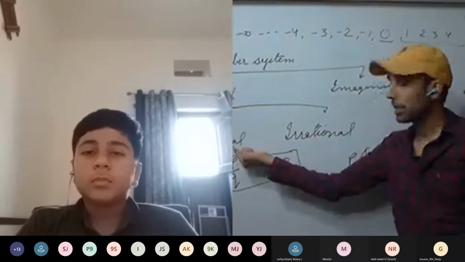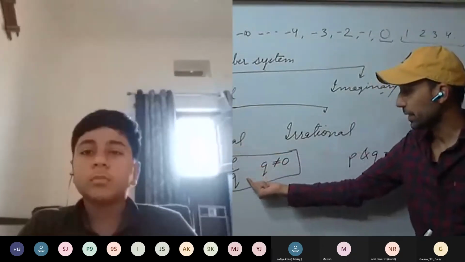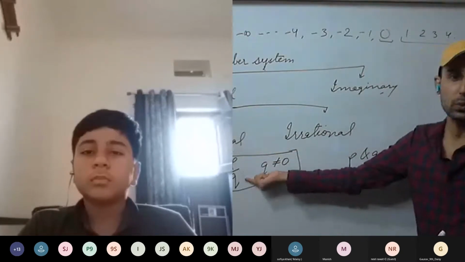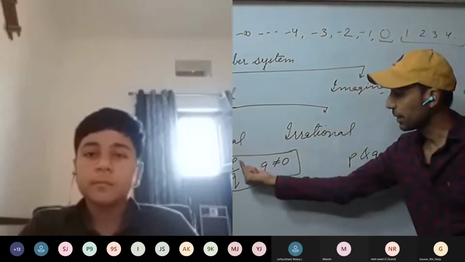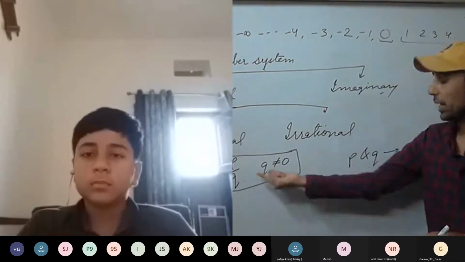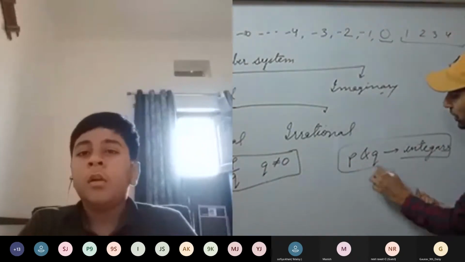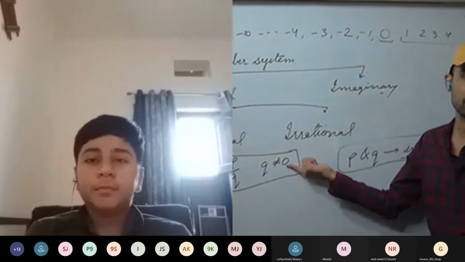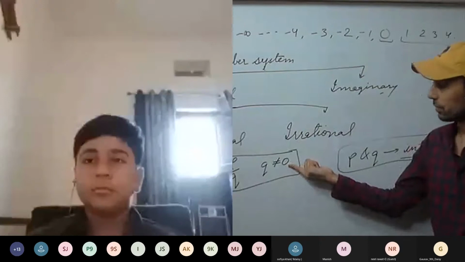So a rational number is a number which can be represented in the form of a ratio, that is, a fraction of two integers, in the form p by q, p upon q, where p and q both are integers. This is the first condition. The second condition is q not equal to 0, that is, q should not be equal to 0.